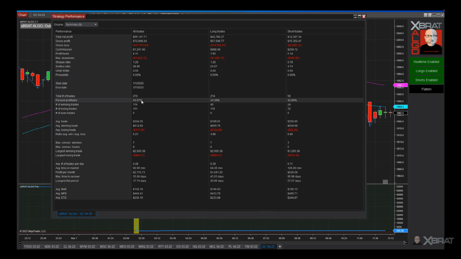They're bigger on other instruments, but on gold they're a lot lower because we're only interested in the runners. And it just goes to show, if you're only interested in the runners on gold, $55,000 profit in just over 2 years is phenomenal. Profit factor, again, 4.11. Anything over 1.75 is expressed as extremely good.